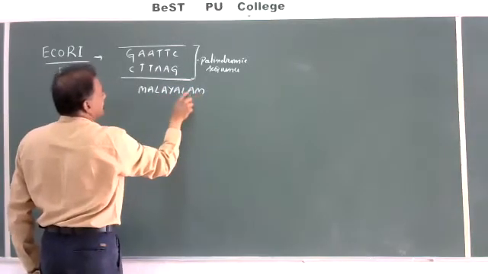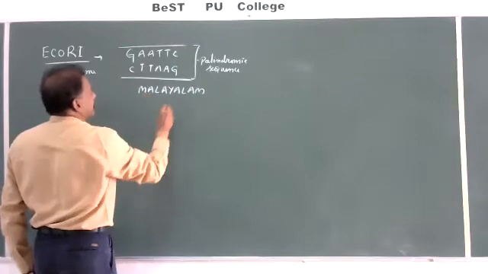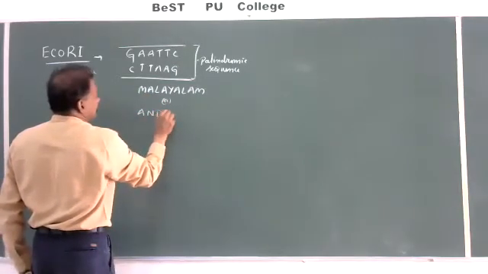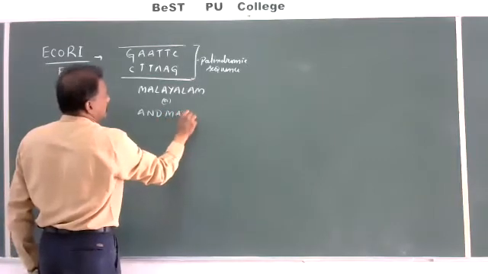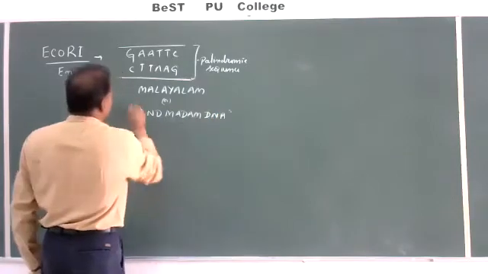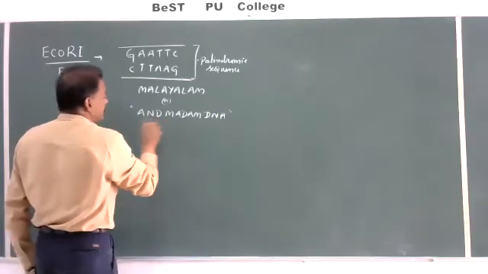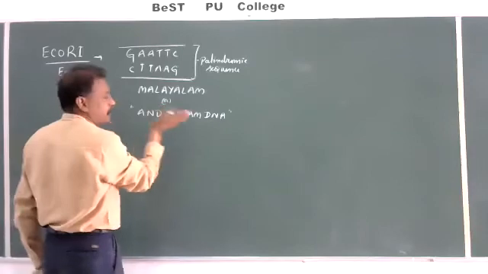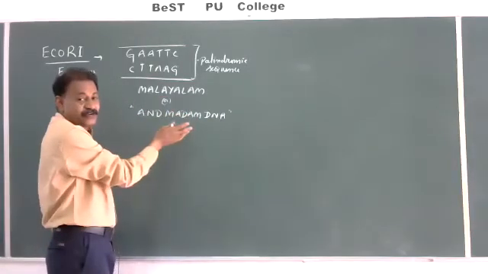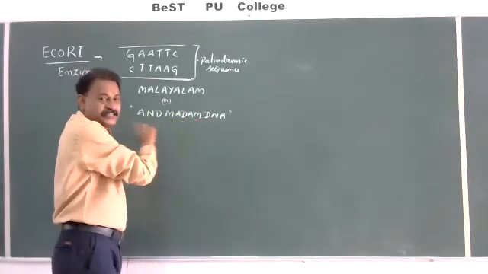For example, we have seen in the previous class Malayalam, Madam, and DNA. A group of letters forms a word, and this word gives the same meaning when read in opposite directions.